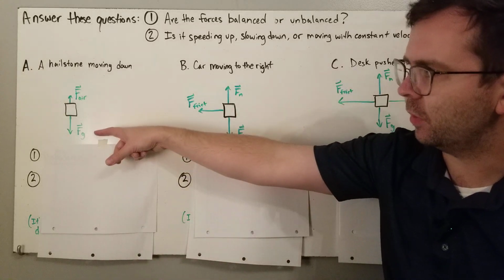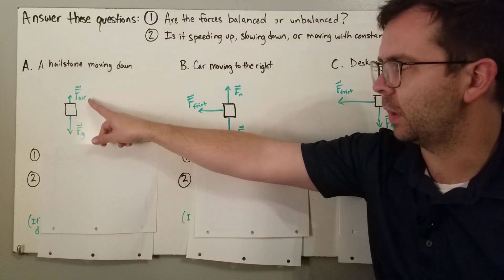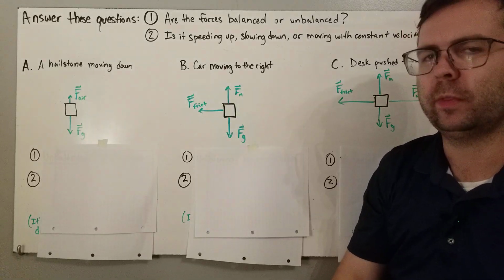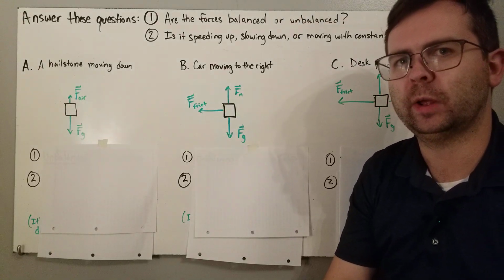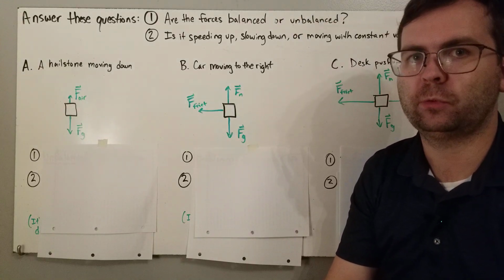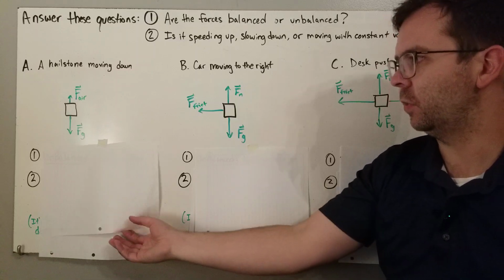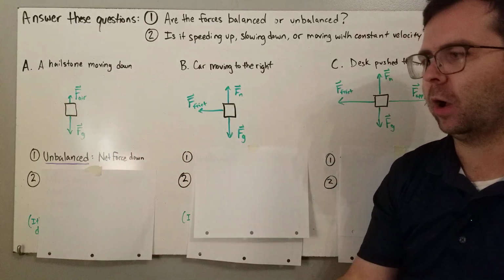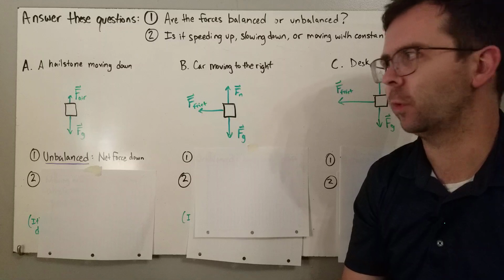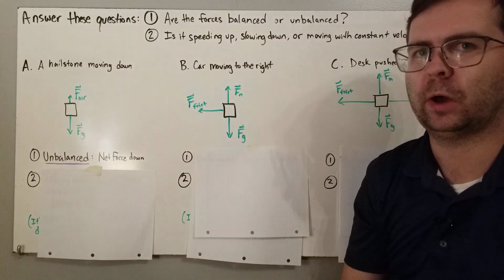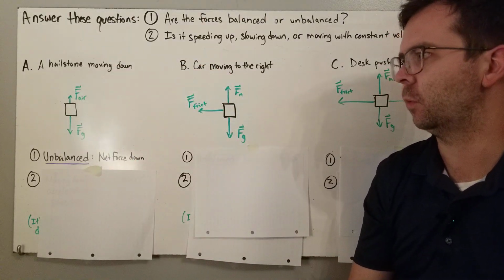Because the gravity is stronger and bigger than the air resistance, we know that there is going to be a leftover net force here, an unbalanced force. So we say to the first question, the forces are unbalanced. There is a net force, and that net force is directed downward. The leftover force is downward.